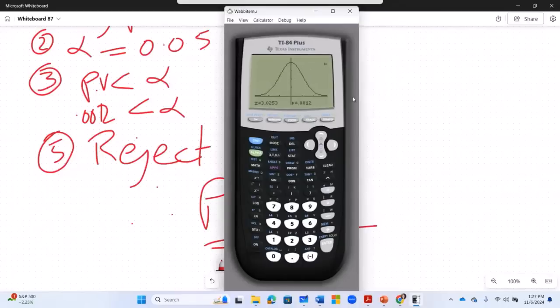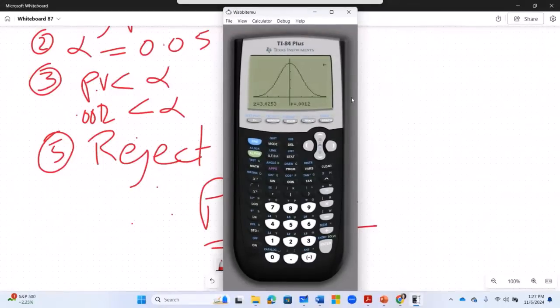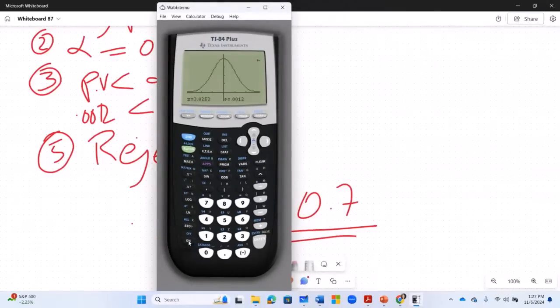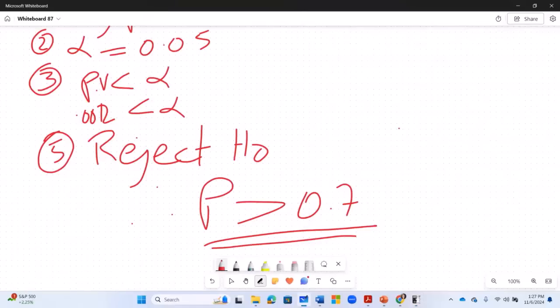It fell into the rejection region because it is 3.03. So I am going to draw that again, or pull down the original, and then I will show where my test statistic falls.